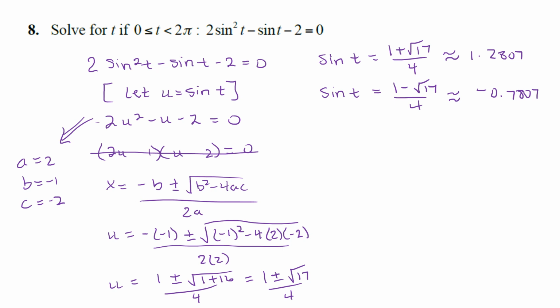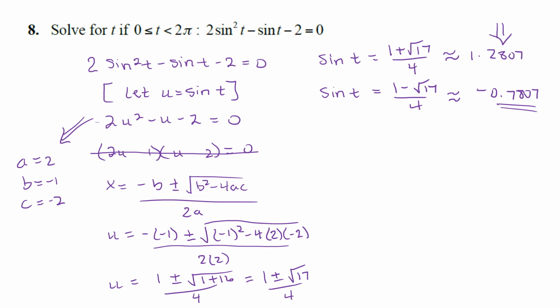Now, this first value we know we won't be using because sine of t cannot be greater than 1. So we'll only be using this second value to help us find the values of t that make our equation true.